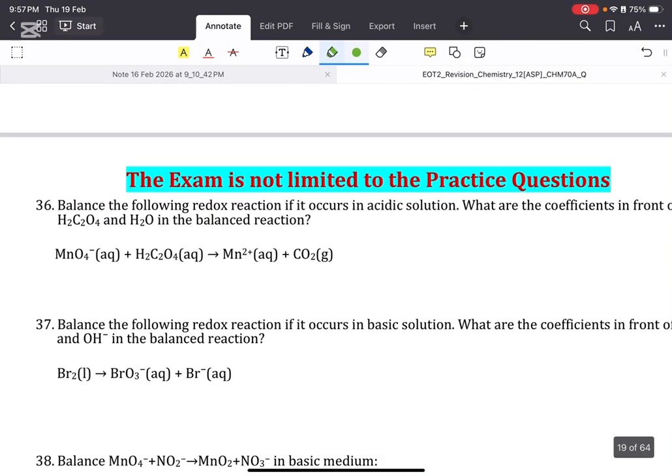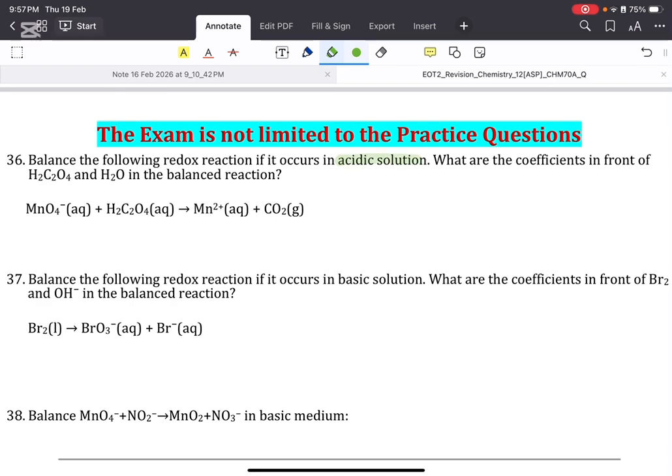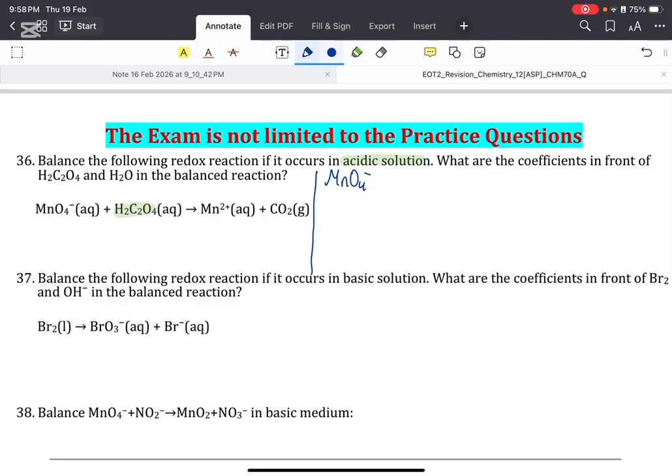Balance the following redox reaction if it occurs in acidic solution, and what are the coefficients that I should add here and in front of H2O. So again, let's split this out into two equations. MnO4 minus to Mn2 plus.